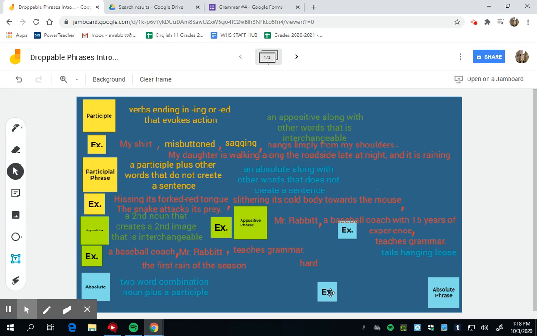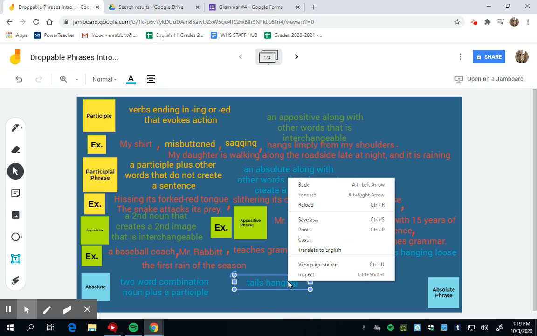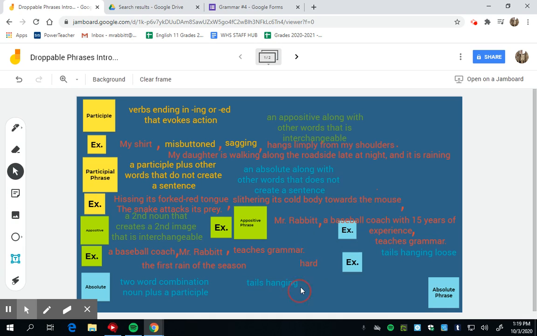So if I wanted an example of something along those lines, let me go text box here, and then I'm going to go tails hanging, okay? So that's going to be my positive. Actually, I don't even need this one in there. We'll just use the one that I have up on the board as our example for both. Actually, we'll go tails hang.